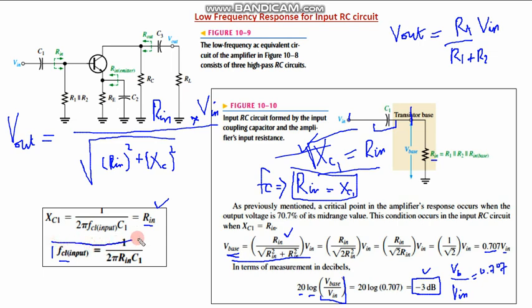This is my relation for critical frequency. So if I know Rin and C1, I can calculate the critical frequency, and I would know that at this frequency there is a reduction of minus 3 dB in voltage gain.